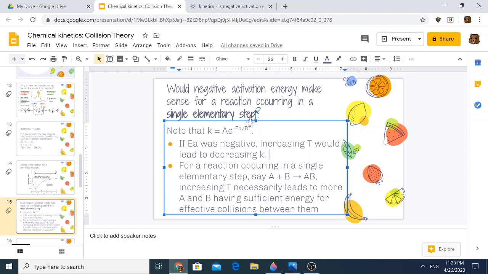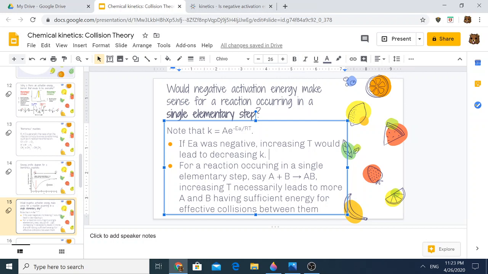If you consider the exponent, negative EA over RT, the exponent would be strictly positive, because negative EA is positive as EA is negative, and R and T are all positive quantities.